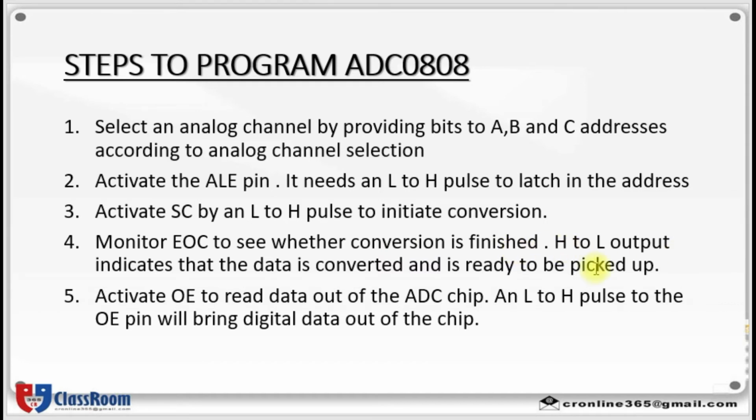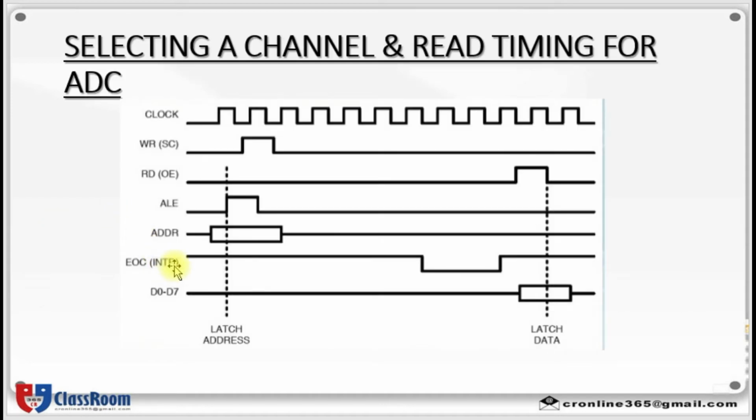A high to low output indicates that data is converted and is ready to be picked up. Here you can see end of conversion, which is the same as INTR, which requires a high to low pulse. So a high to low pulse output indicates that the data is converted and is ready to be picked up.